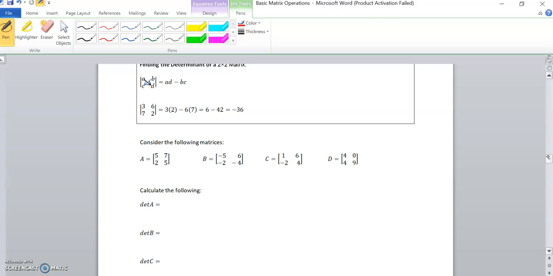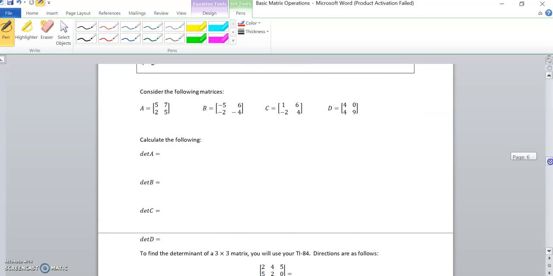Considering A, B, C, D, it just says calculate the determinants of A, B, C, and D. So let's do those very quickly. For A, 5 by 5 is 25, minus 7 by 2, which is 14.